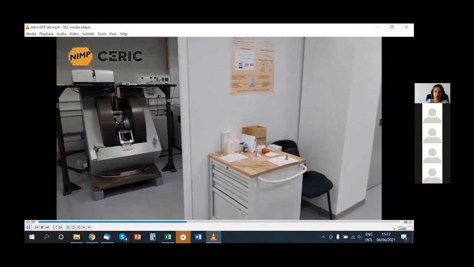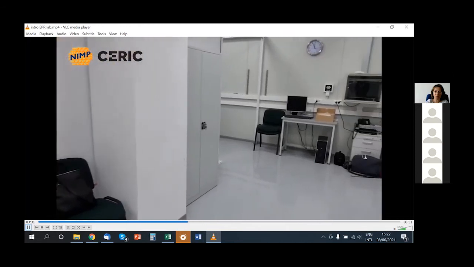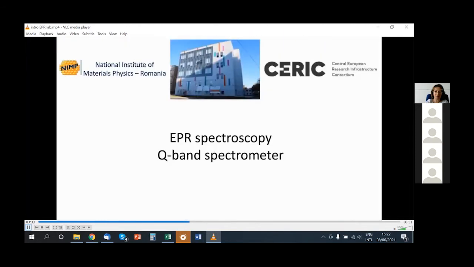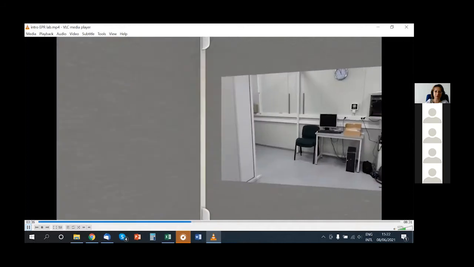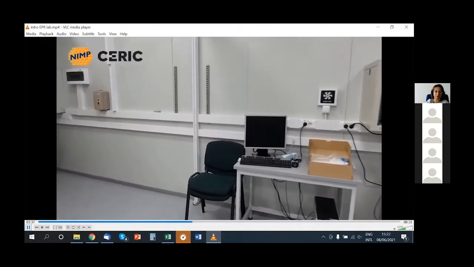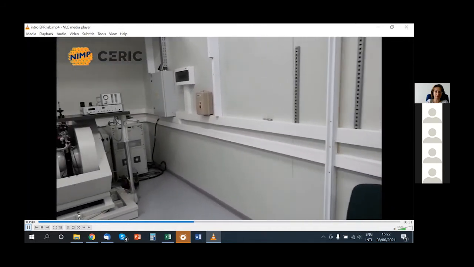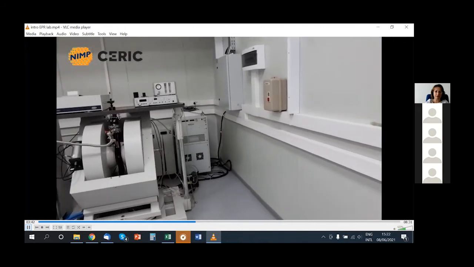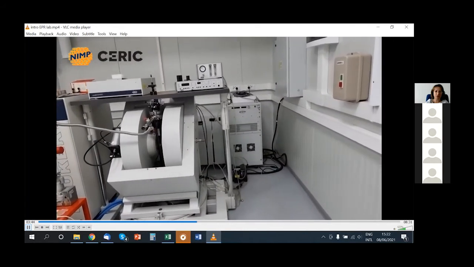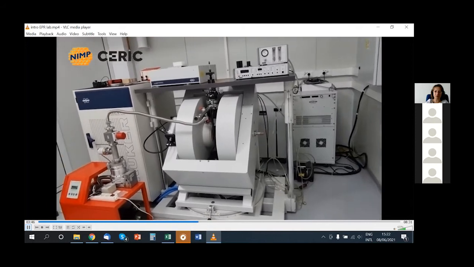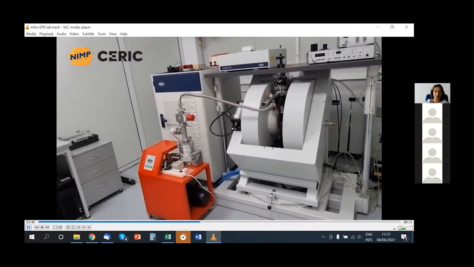And now we are going to the Q-band spectrometer. And you will see here all the procedures to start the experiment.